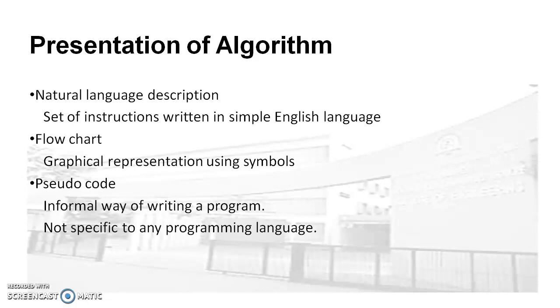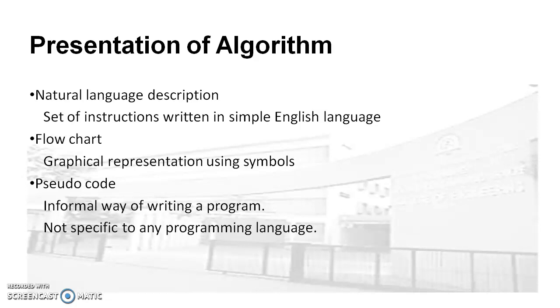That is the simplest way of representing an algorithm. As the instructions are written in simple English language, they are not specific to any programming language or any particular technical aspect, but they are very easy to understand and represent by any layman also.